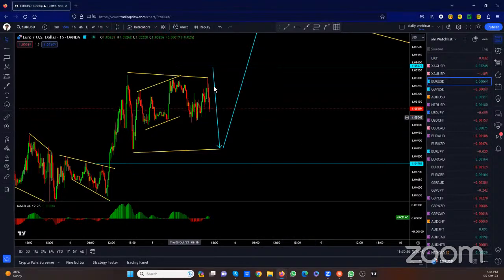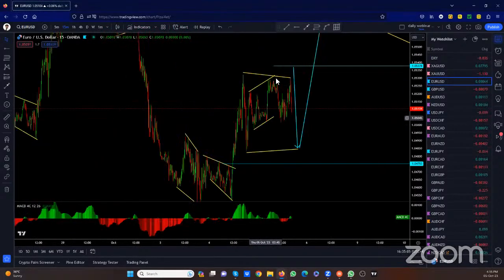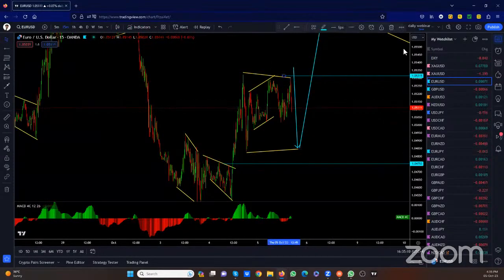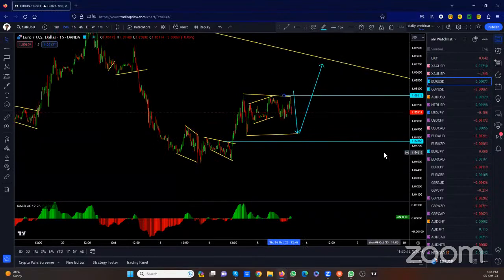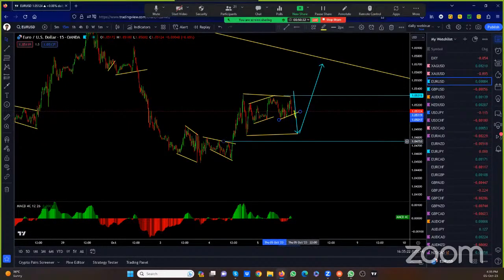So let's see. Can we sell this? I think we ignore it. Just wait for it to come. We'll put an entry order here to buy. Or if we get a flag on the way up, right? If we get a flag on the way up, that would be a better buy. So the sell right now is not a great sell, although there is a kind of sell setup here. We expect this to come here and then go right back up.